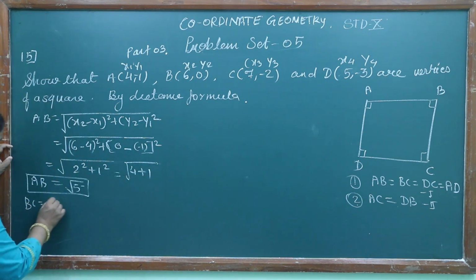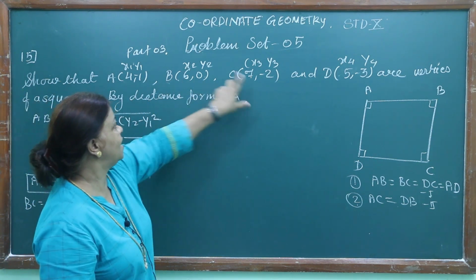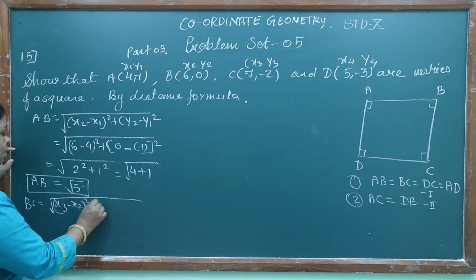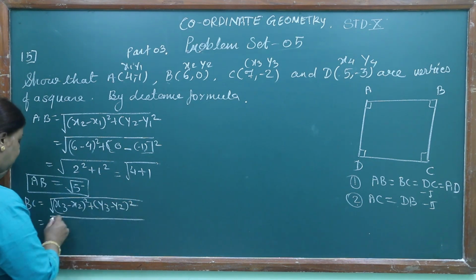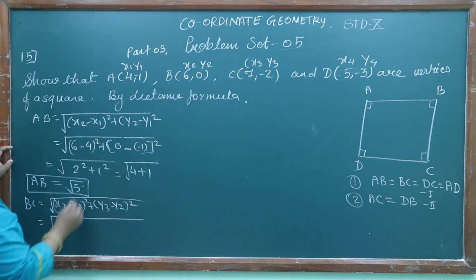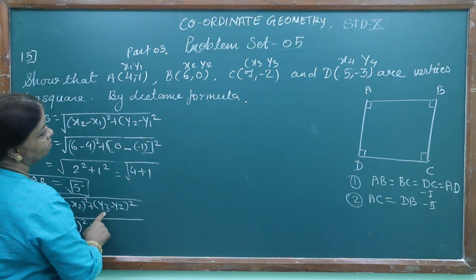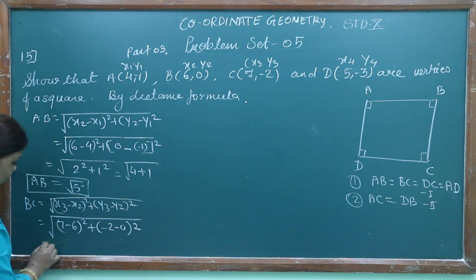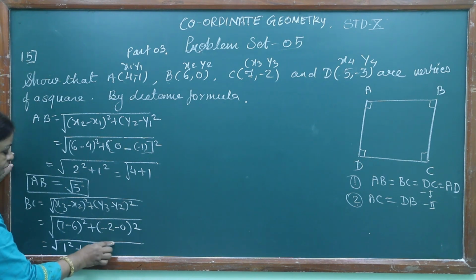Let us check BC. So BC, again by the distance formula, children. Now we need to find the distance between B and C. It is x3 minus x2 the whole square plus y3 minus y2 the whole square. So what is x3? 7 minus 6 the whole square plus y3 which is minus 2 minus 0 the whole square, which is equal to 7 minus 6 is 1 squared plus minus 2 the whole square.